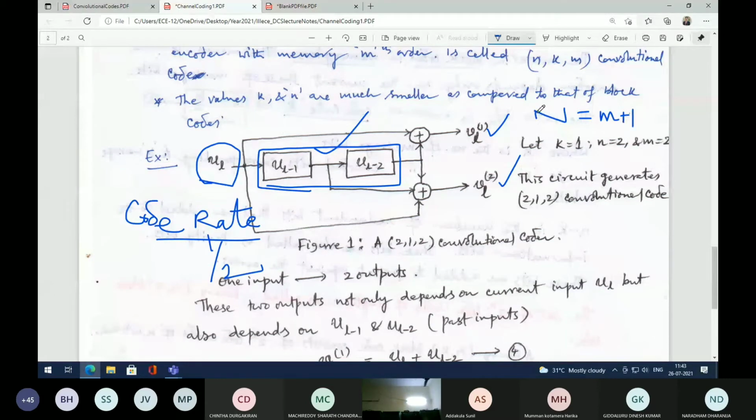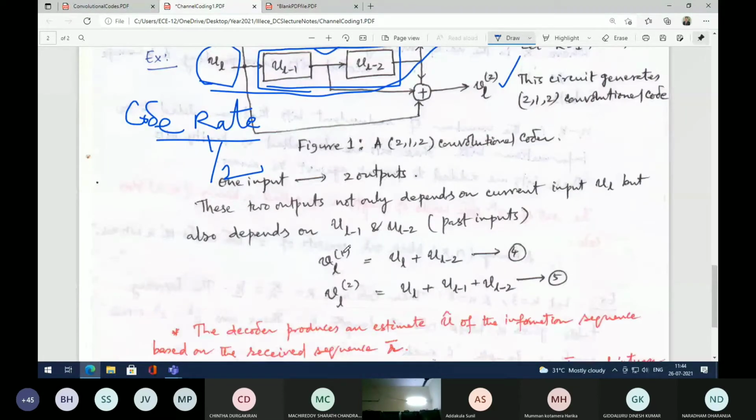This is my constraint length, capital N. It indicates how many clock pulses I have to apply by the time I want to come out. So we get a constraint length of 3 here, because one is always added. The number of shift registers, or the memory, plus 1 gives you the constraint length.